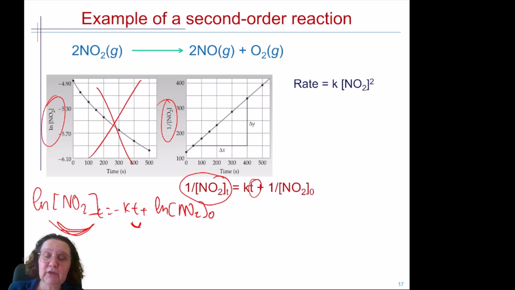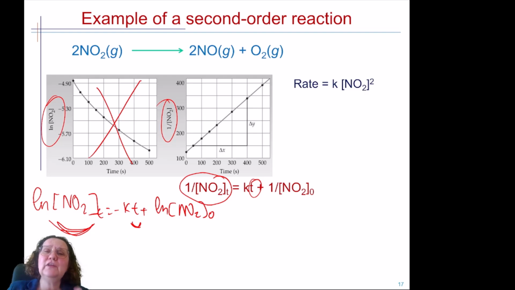That's how we recognize them when we are doing chemistry. We set up experiments in which we change the concentration of the reagent or reagents, depending on if you have one or more, with time. We run several experiments, varying the concentration of the reagent and measuring the rate of reaction, how fast the concentration is changing.